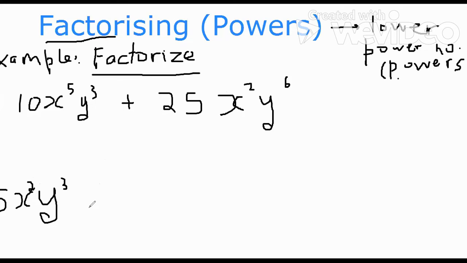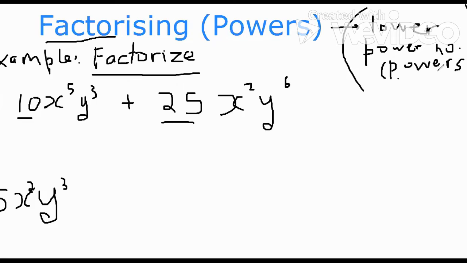All right, let me say it again. We have 10, we have 25. You look for the highest common factor. The highest common factor of 10 and 25 is 5. Everybody see that? Now when it comes to the powers, what did I say? You look for the lower power number.